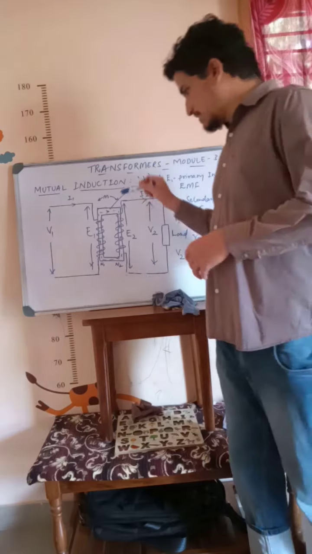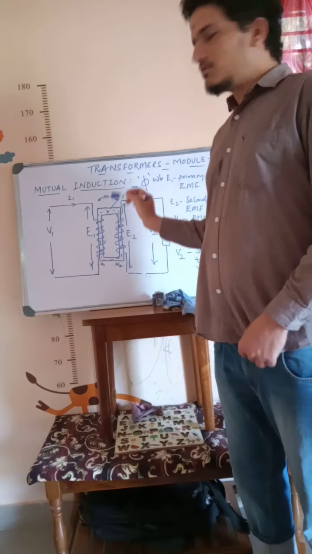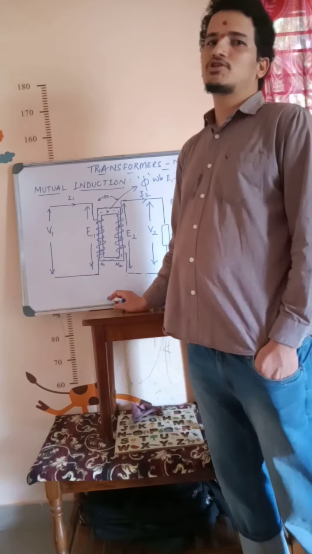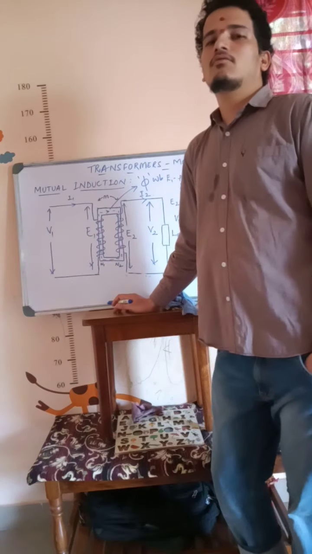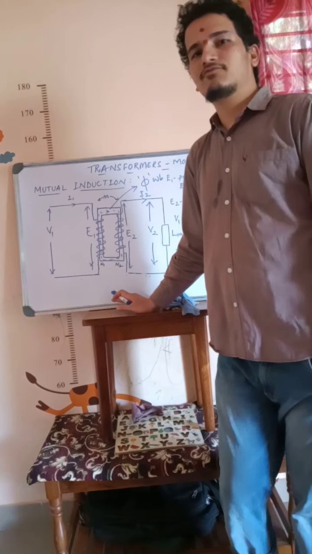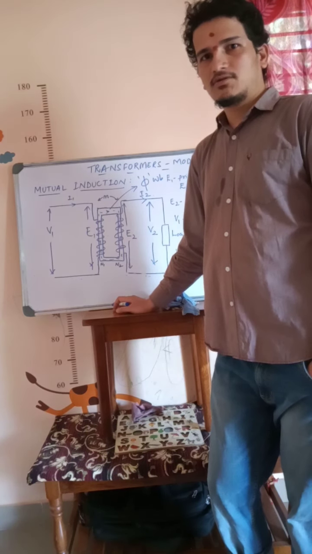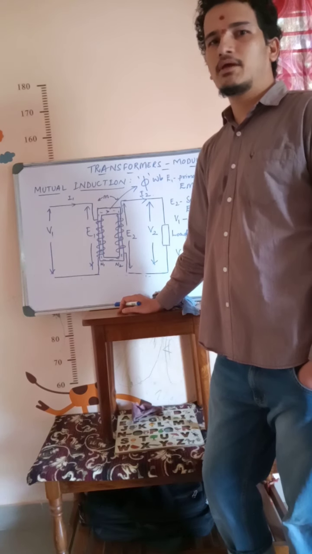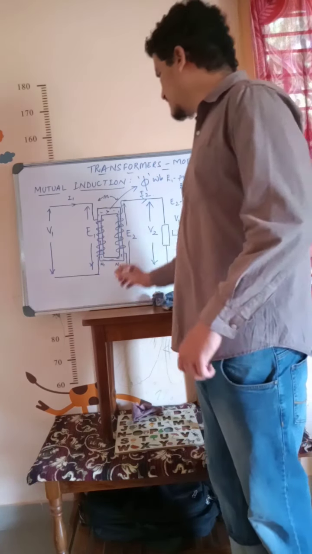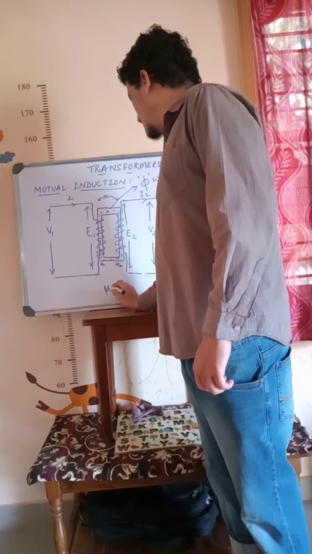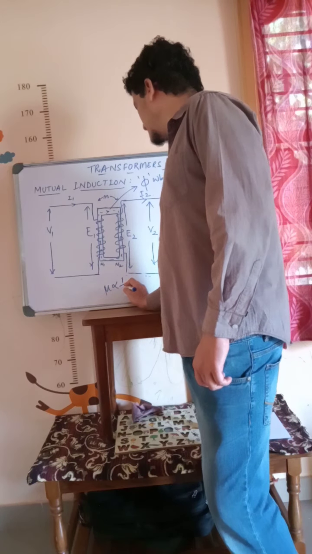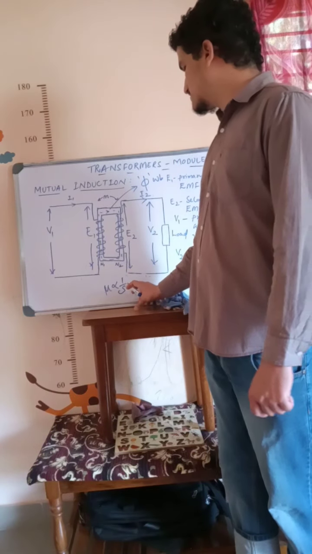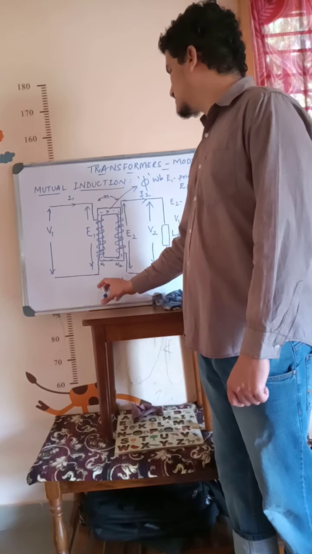Usually this core will have low reluctance. Reluctance is the opposition to the flow of magnetic flux. So it will have low reluctance and high permeability. Usually the permeability is inversely proportional to the reluctance. So if the reluctance is low, permeability is high.